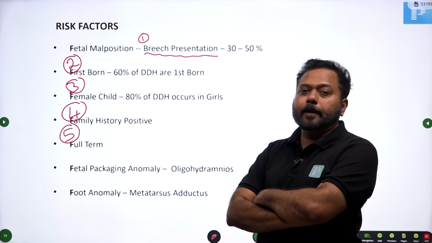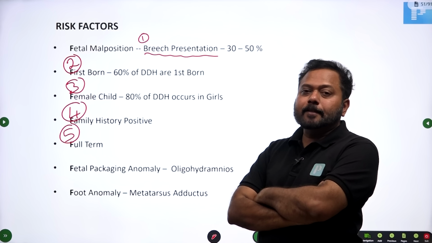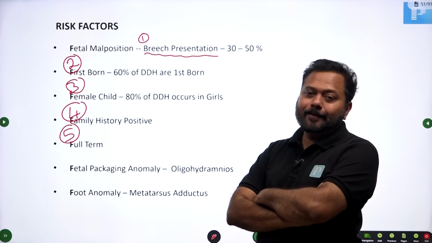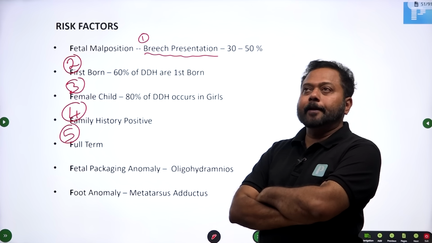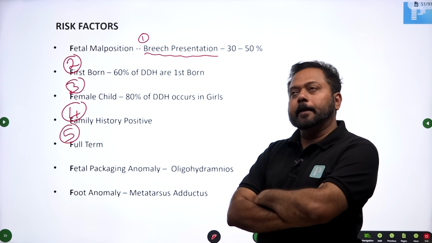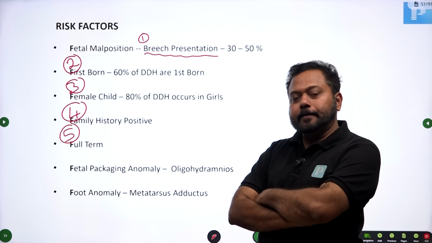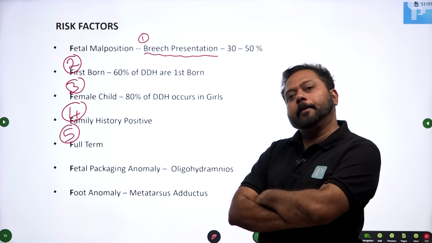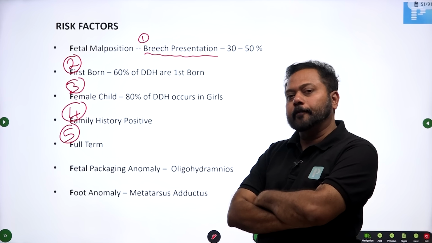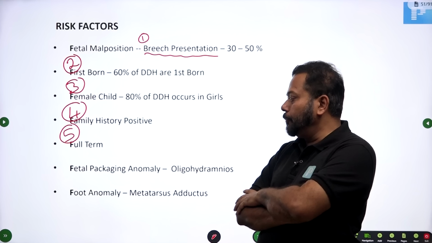Relaxin is secreted by the mother, which relaxes the pelvic floor ligaments so that parturition becomes easy. So in full term, that relaxin, by an unexplained way, is causing ligament laxity in the fetus, and that is causing developmental dysplasia, that is causing dislocation of the hip. That's called the relaxin theory. So, full term.